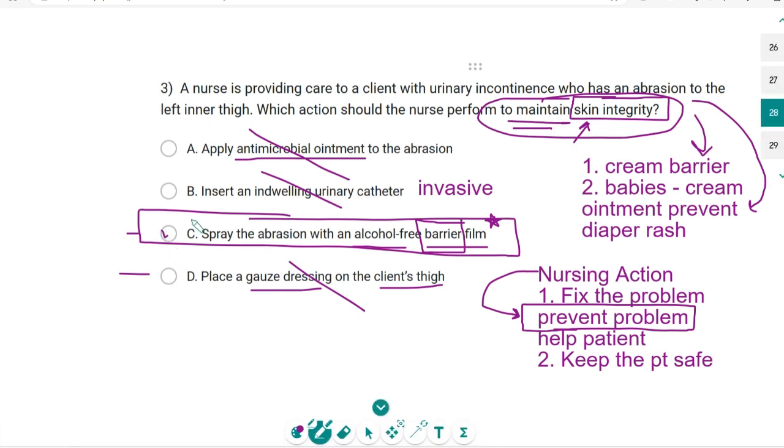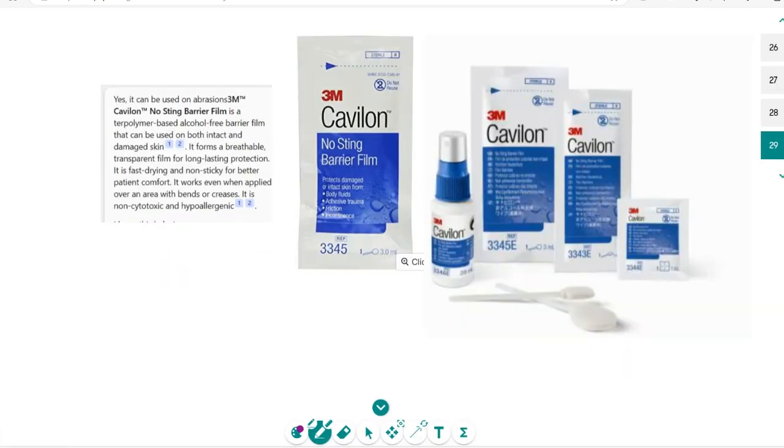All right, very good. I hope you got that one correct. So if you're wondering about the alcohol-free barrier film, it will protect the abrasion from constant moisture as a result of incontinence. The nurse should protect the skin to prevent breakdown. An antimicrobial ointment, we said, will protect from what? Bacteria. Incontinence causes constant moisture, so the abrasion should really be kept dry.